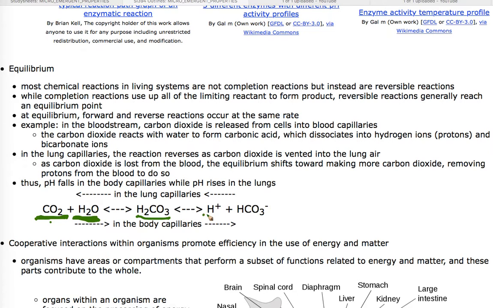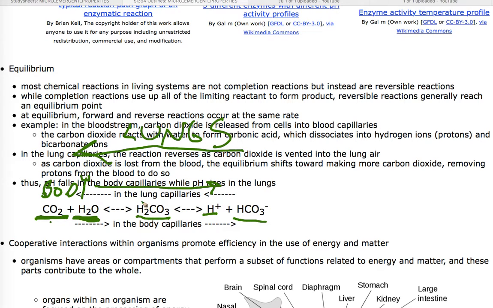Some of it actually goes on to form hydrogen ions and bicarbonate ions. When this is in your body cells, when your blood reaches your lungs, the lungs start to exhale carbon dioxide. In the lungs, the reverse reaction takes place.